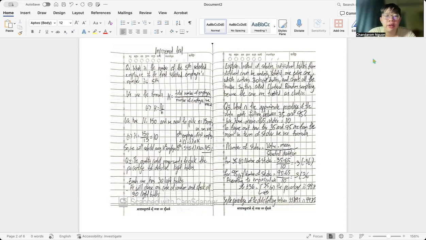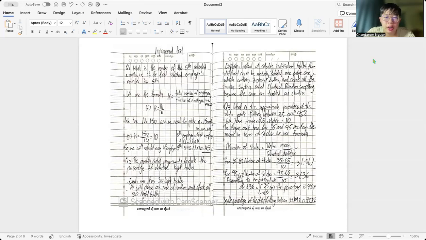For 35, after we put the values into the formula, we get the calculation 35 minus 65 divided by 10, equal to negative 3. So 35 is 3 standard deviations below the mean. Also for 95, the calculation is 95 minus 65 divided by 10, equal to 3, and that 95 is 3 standard deviations above the mean.